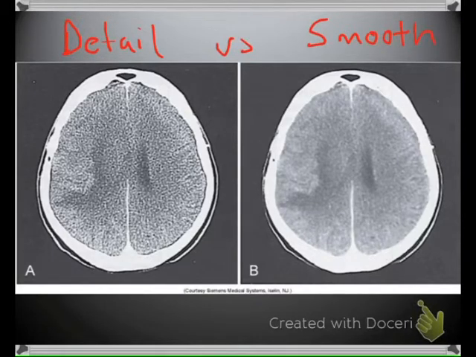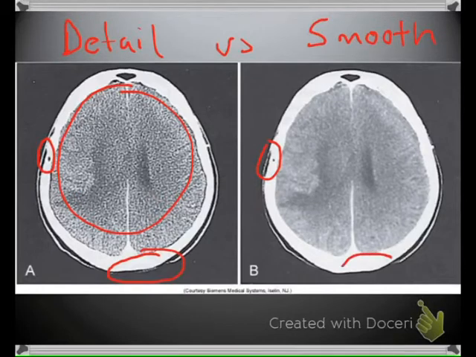As you can see, the detail has tons of noise on the inside of the brain, whereas the smooth does not. But if you'll notice, we see clear differentiation in the skull, and at the posterior of the skull we do see scalp, whereas on this image, image B, we do not see any.